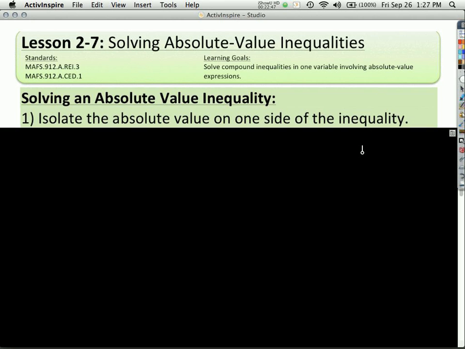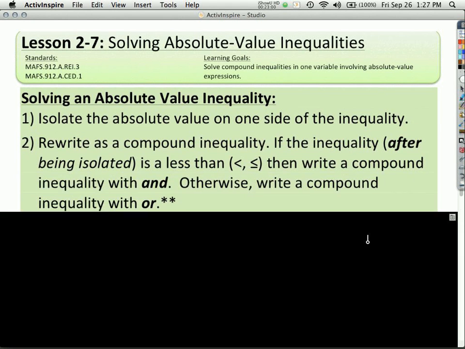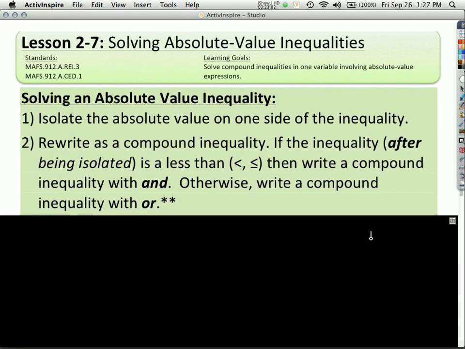So step 1 is not new. Isolate the absolute value on one side of the inequality. You did that when we did equations. We isolated the absolute value, so everyone in the room knows how to do that. Step 2 is brand new. Rewrite as a compound inequality. As Yadesh pointed out, there are 2 different types, so you have to know how to convert to the right one.